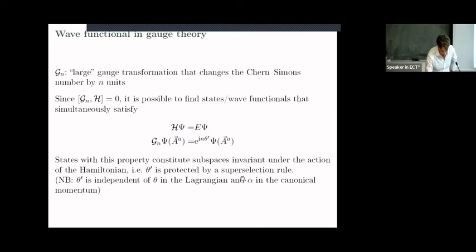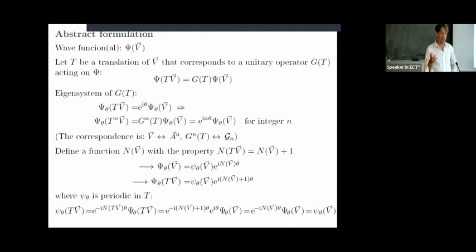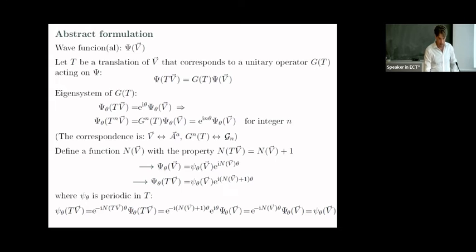Okay, from all of these considerations, one can see that this feature we're talking about is present in some class of quantum mechanical systems. Namely, if we have a wave functional psi of v, and v could just be a space-time coordinate or can be a field configuration, and then we apply a translation of v, so that essentially we have a unitary operator, we apply this on the wave function, and we get the translated wave function.